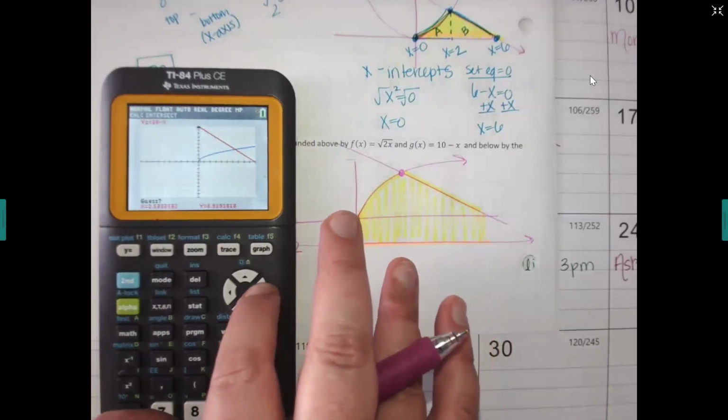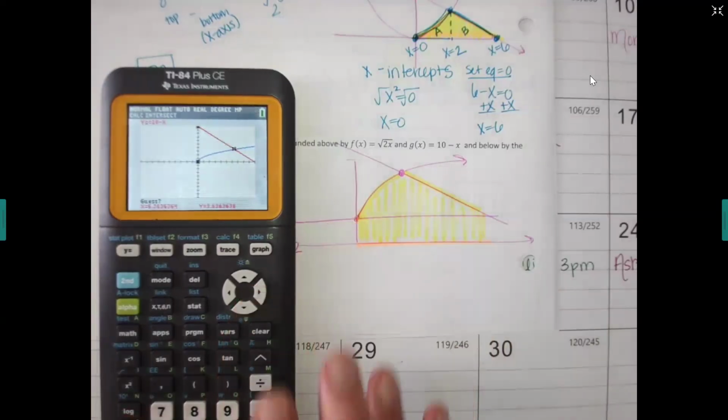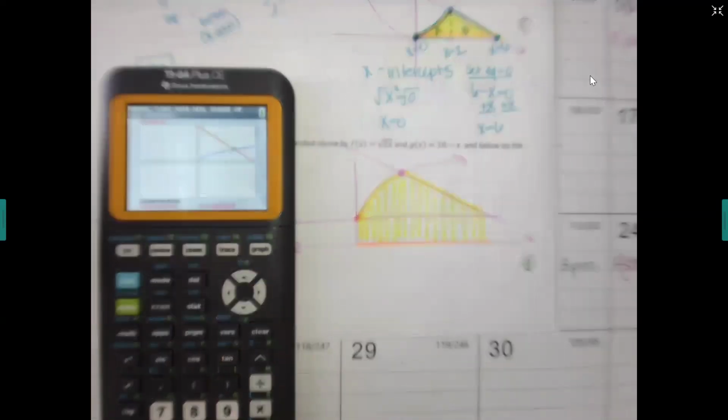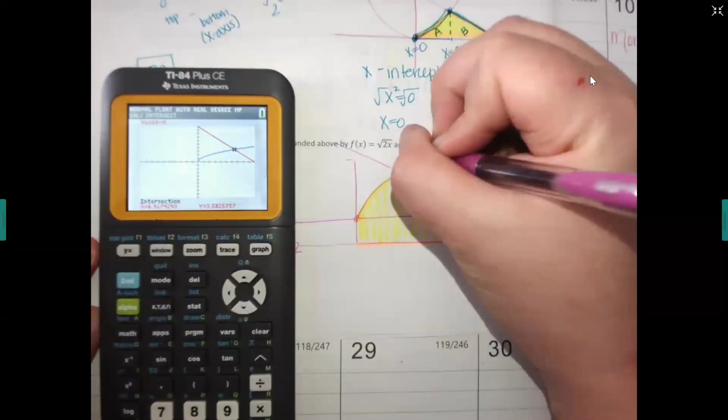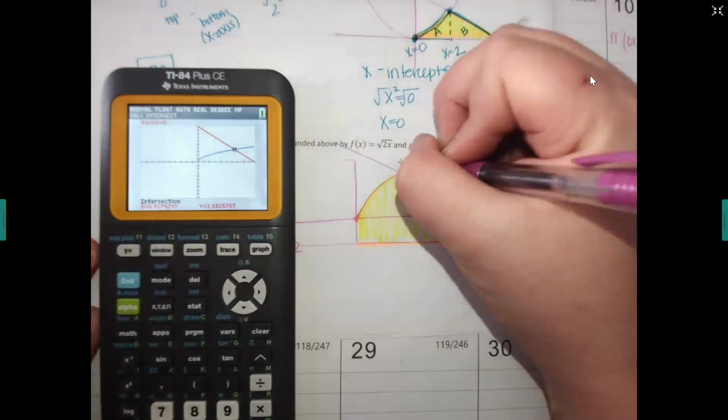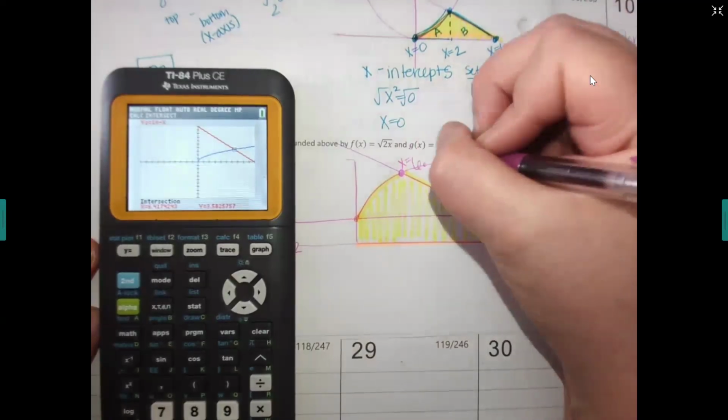And remember, technically, if they only cross once, you don't really have to get close to the intersection. So I got x equals 6.417.